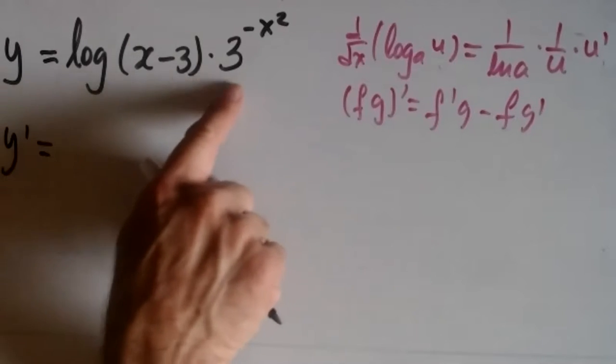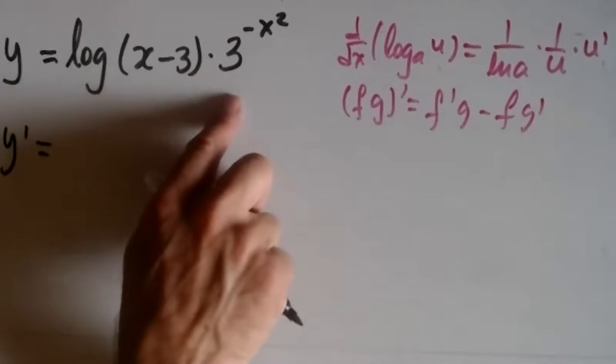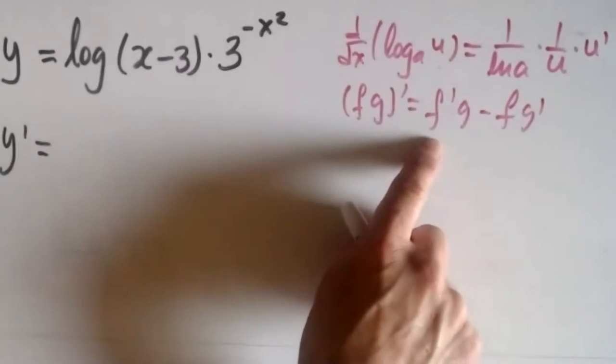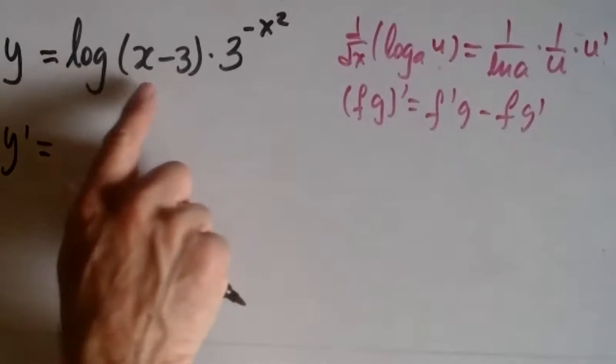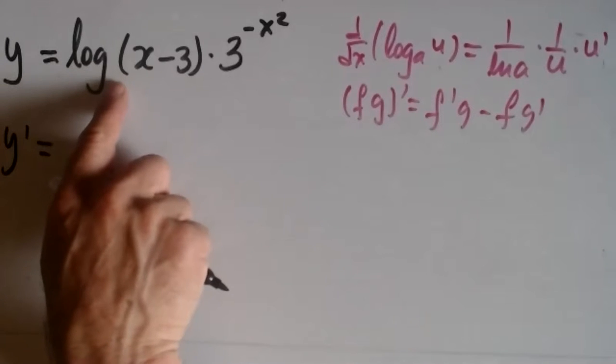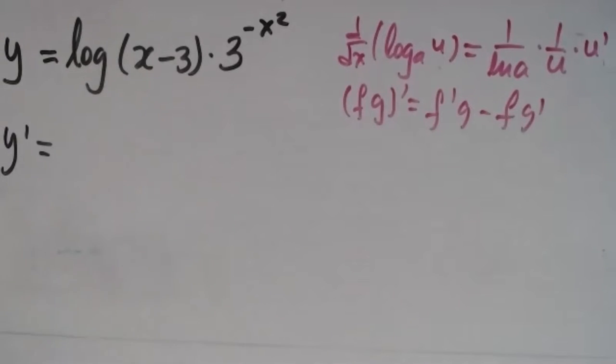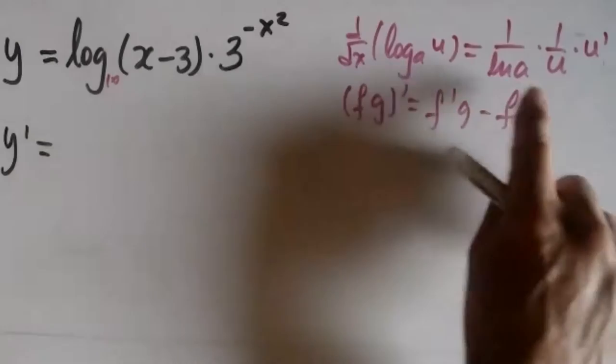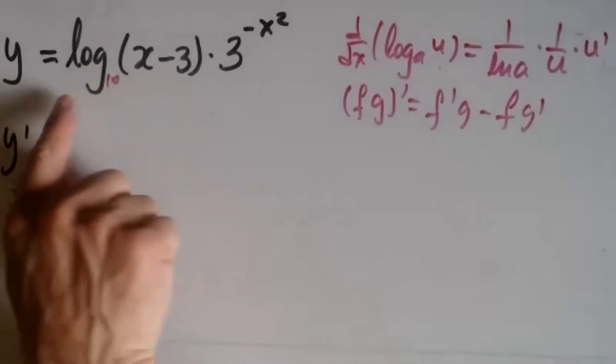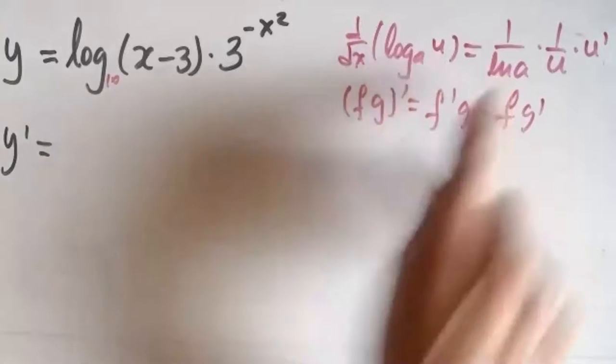And okay, y prime. The derivative of this product, because it's this log times this exponential, so I have to do the derivative of the log. And remember, if you don't see anything here, that is the base 10. So I have to put the derivative of this log in base 10 of x minus 3, so I have to use this formula.